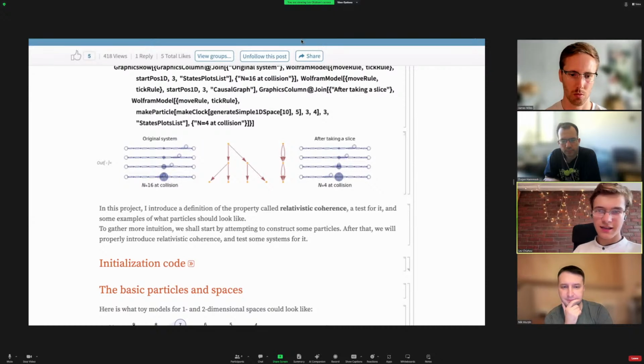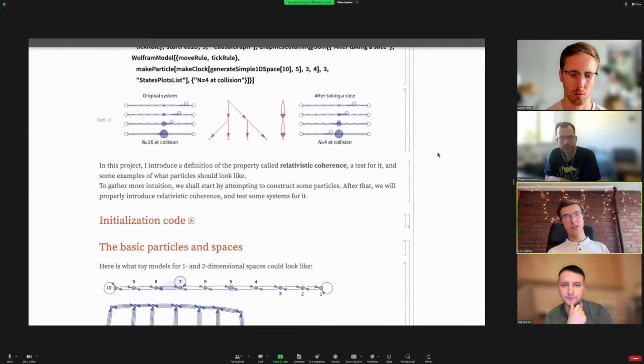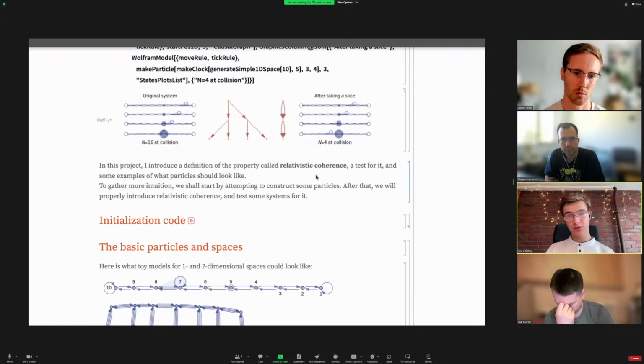The entire point of the project is to narrow down which systems can work nicely with the rules of special relativity, and to brainstorm some particles.